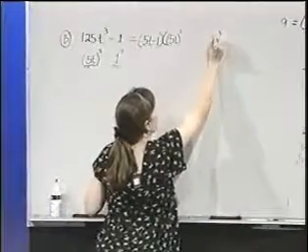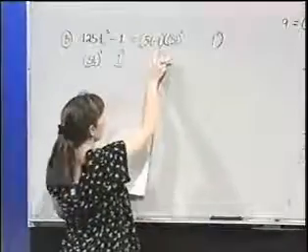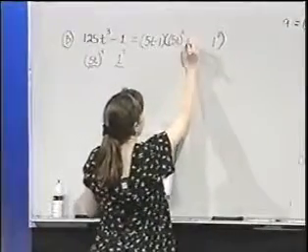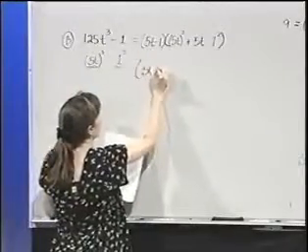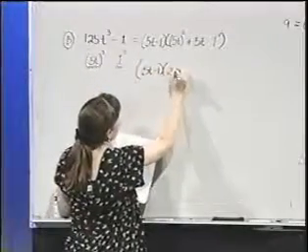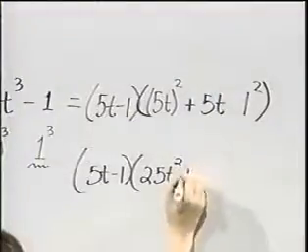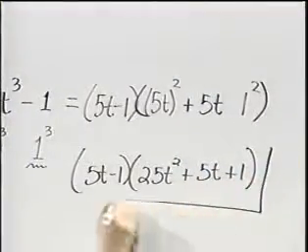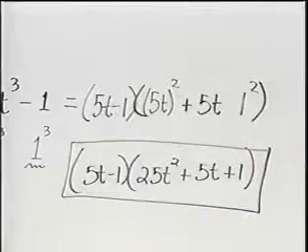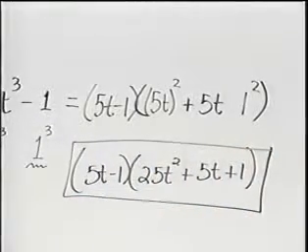Square the 1. And the middle number is 1 times 5t, which is just 5t, and so the result should be 5t minus 1 times 25t squared plus 5t plus 1. And that's the factorization for this.